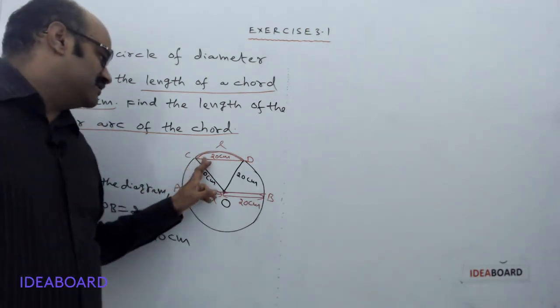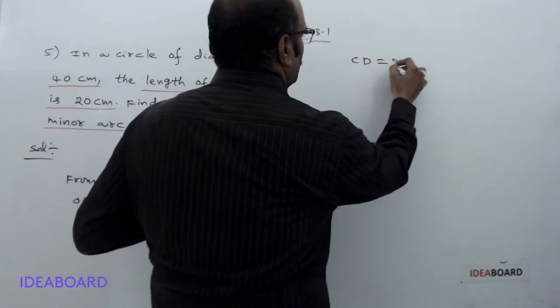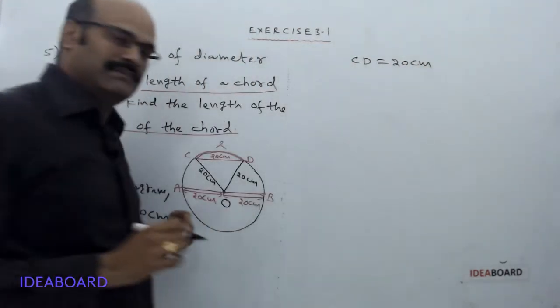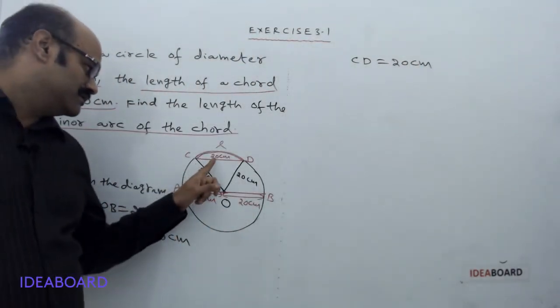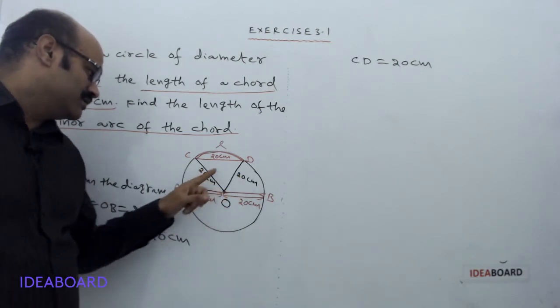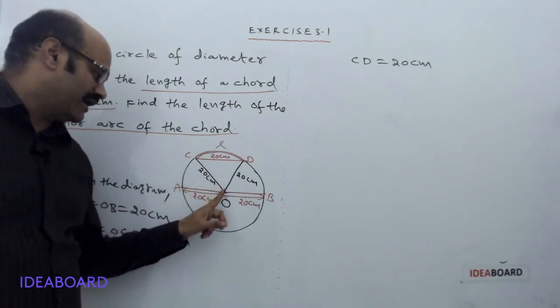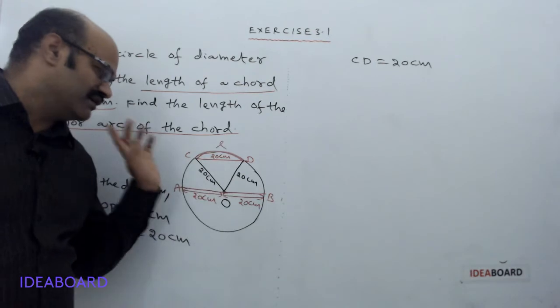It is given that the length of the chord CD is 20 centimeter. Since in triangle OCD each and every length is the same, we say that the triangle OCD is an equilateral triangle.